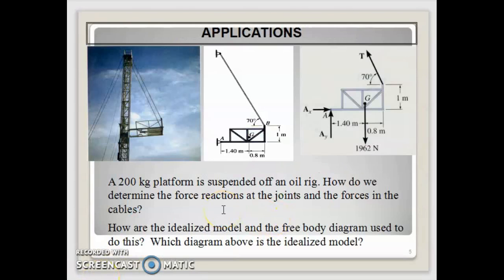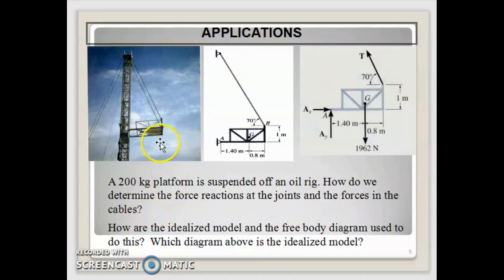So this is the application. Let's say a 200 kilogram platform, like in the picture here, is suspended off an oil rig. How do we determine the force reaction at the joints and the force in the cables?